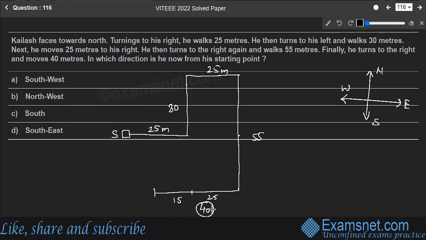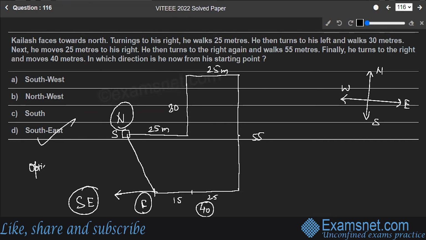In which direction is he now from his starting point? So this is the final position, right? This was the north direction, this is of course the south, and towards the east, it is the southeast direction. Option D is the correct answer.